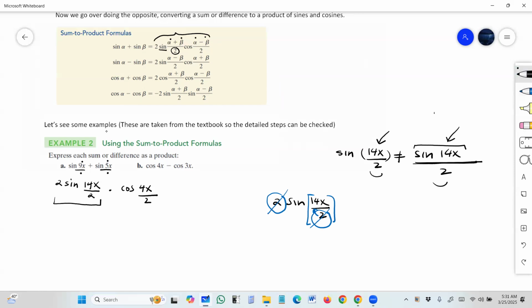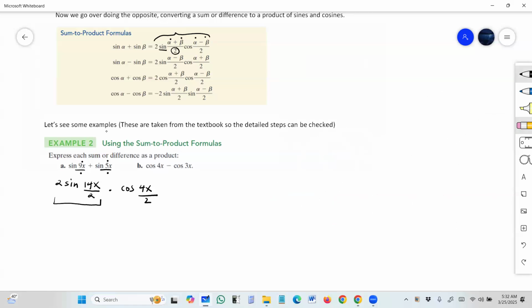However, look at this case. If I had something like sine 14x, everything over 2, now this can simplify with that. That is fine, because the 2 is dividing the entire fraction. So don't make that mistake. There would be an algebraic error. We've mentioned the two possible cases to avoid making a mistake.